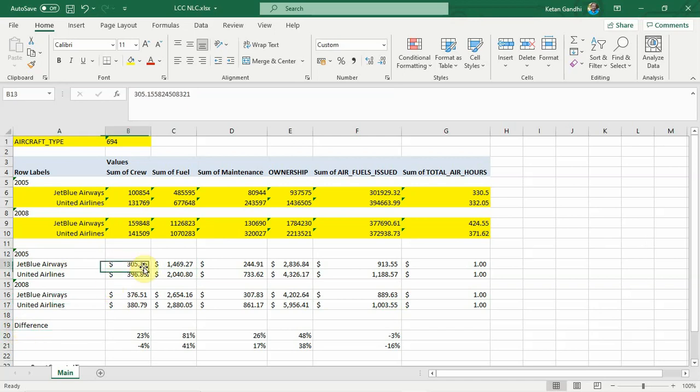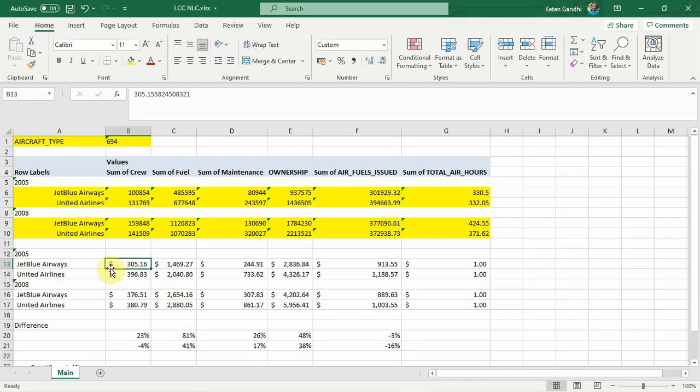So it helps in analyzing an airline, how to come up with a strategy, an operational strategy, to finalize the cost structures for that particular aircraft.